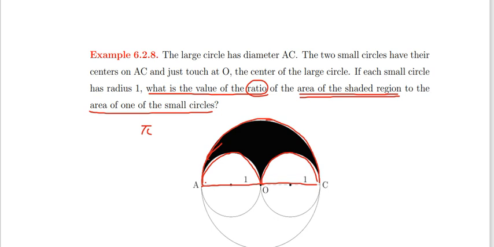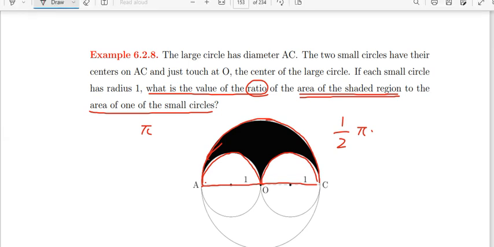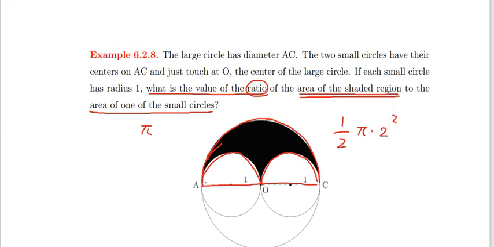So this equals half of the area of the big circle, half pi times 2 squared, minus one small circle, pi times 1, all over pi, the ratio.